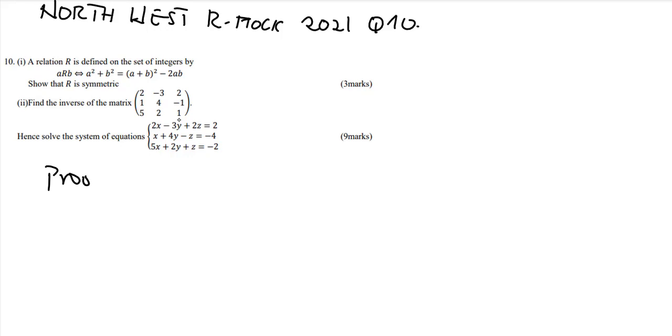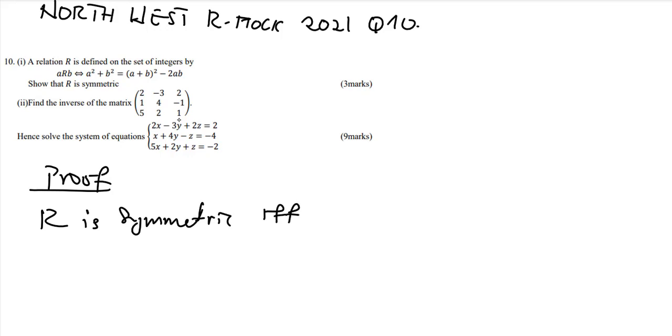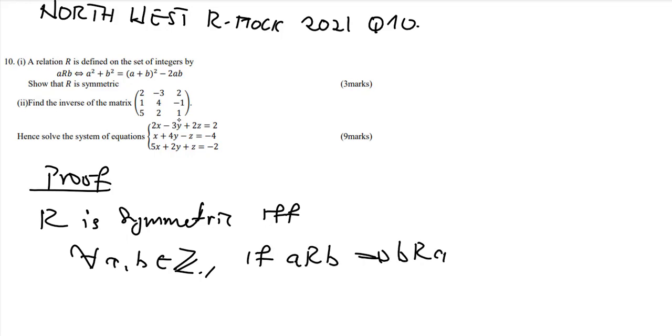So, let's prove. Now, R is symmetric if and only if for every A, B that belong to the set of integers, if A is in relation with B, then B should be in relation with A. Now, A in relation with B, so you are going to start from here in order for us to reach the conclusion.